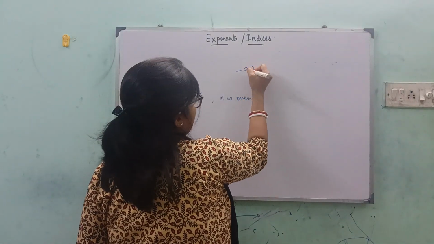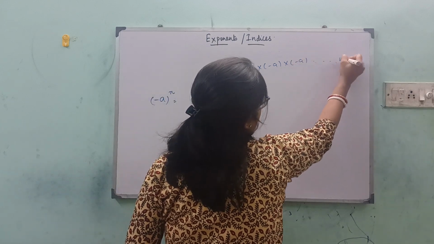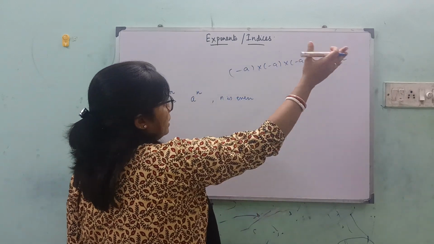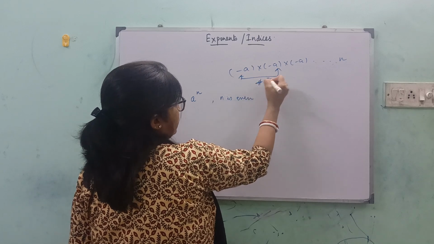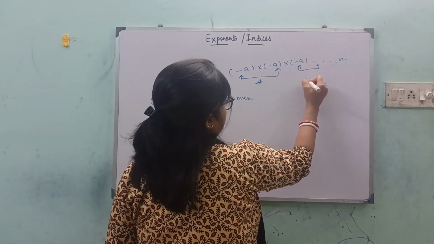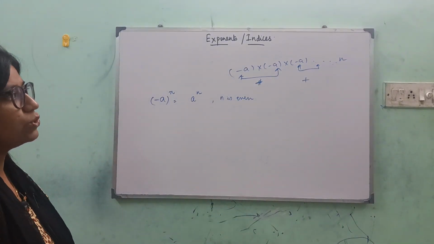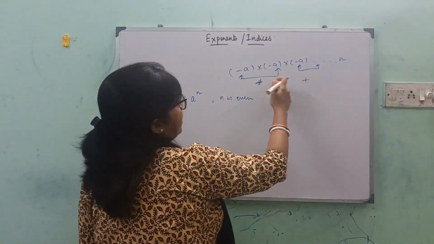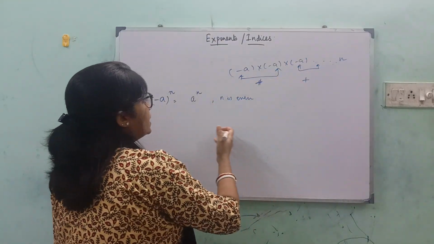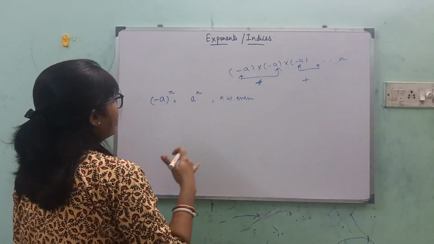Suppose minus a into minus a into minus a, so n number of terms are multiplied. For each pair you have a positive sign, and for another pair you will have a positive sign. So n is even, which means you will be able to form pairs of numbers here. For each pair positive signs, and therefore the result has a positive sign. This you have already learnt in your integers in the lower classes.